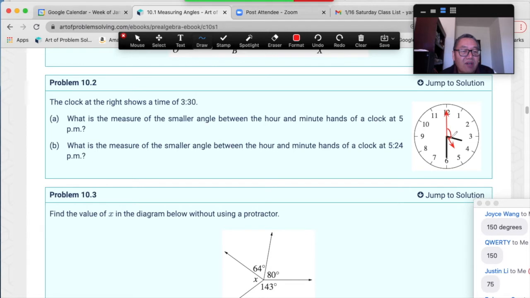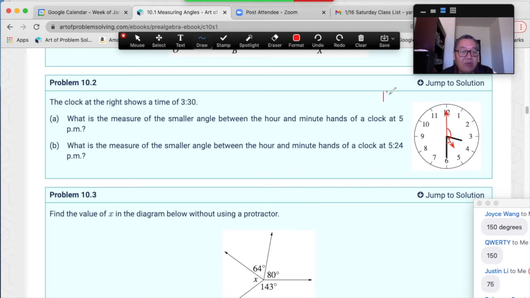So this one, because from 5 to 6, the hour 5 to 6, that's 30 degrees. Therefore, this one is 150 degrees, because this one is a straight angle, that's 180.